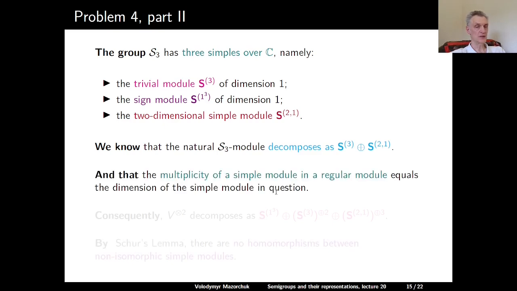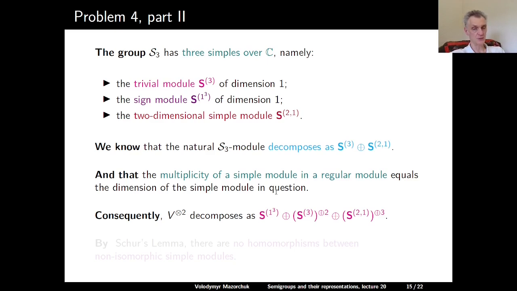We also know that the multiplicity of any simple module in the regular module equals the dimension of the original simple module. Consequently, we already determined that V to the tensor power 2 is a direct sum of the regular module and the natural module. This means that it splits as the direct sum of the sign module with multiplicity 1.